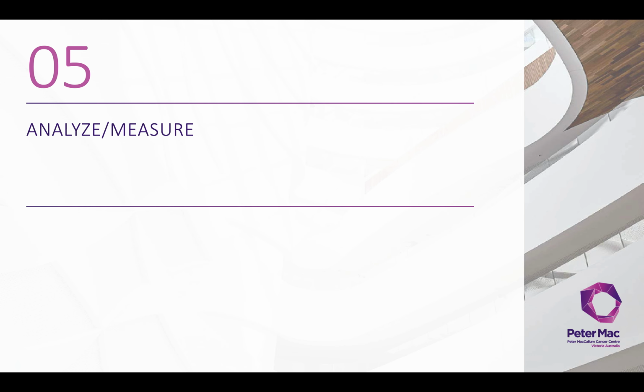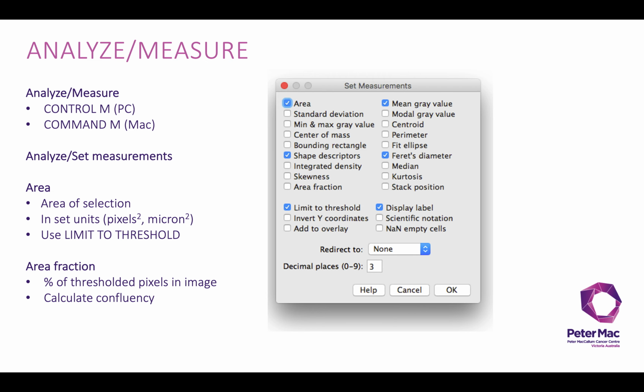Now within Fiji, when it comes to quantitating, what we're going to use is the Analyze Measure function. Over the next few slides, this is the Set Measurements window, which gives you a lot of different options. We're going to go through each of these options and explain what they are.